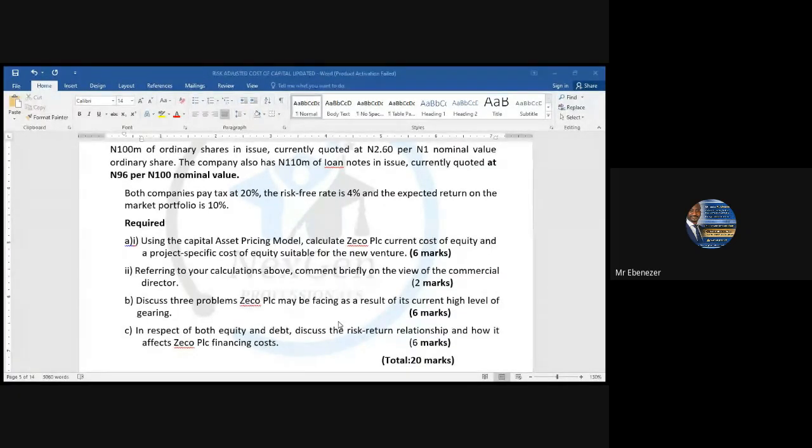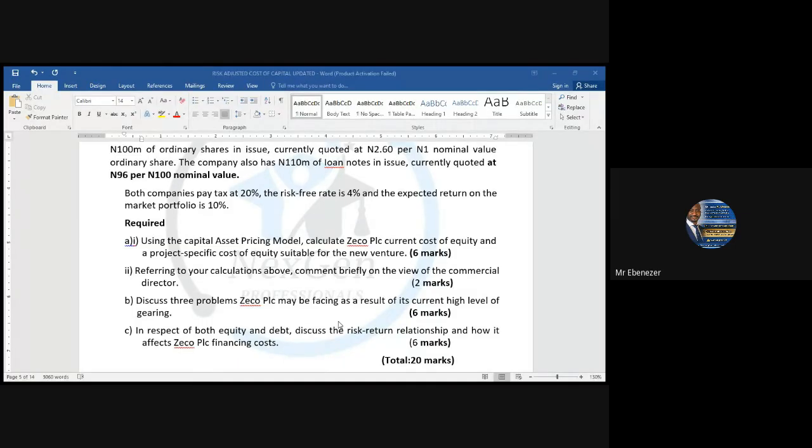In respect of both equity and debt, discuss the risk return relationship and how it affects how ZECO PLC finances itself. So they want you to tell us about equity and about debt: the return on equity, the return on debt.